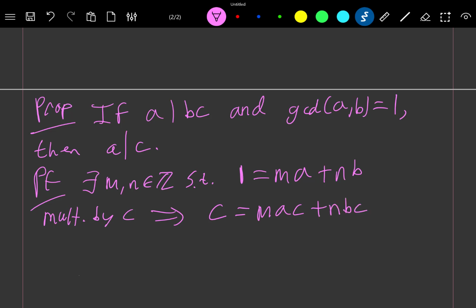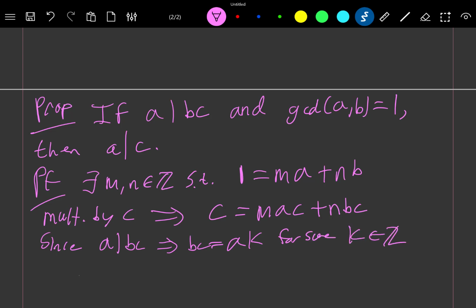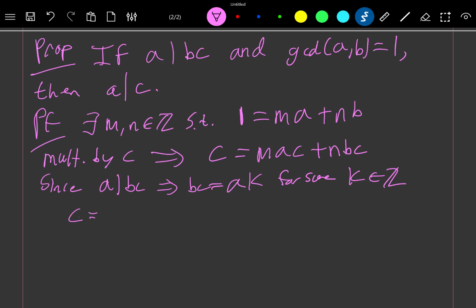But since A divides BC, we know that BC is equal to A times K for some K in the integers. So we can rewrite this equation as C is equal to M times AC plus N times AK.